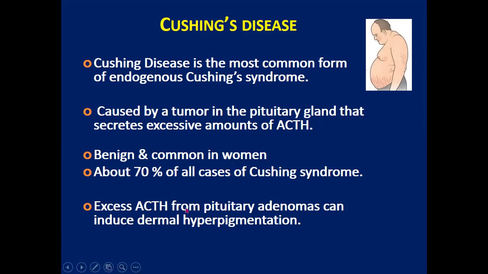Then excess ACTH from the pituitary adenoma can induce dermal hyperpigmentation, because the effect of ACTH is also on the other parts of the adrenal gland, which secretes other hormones, if it is in excess.